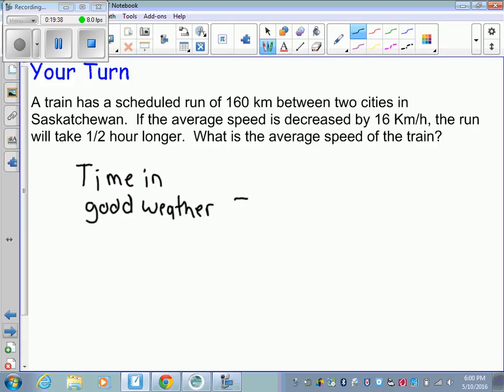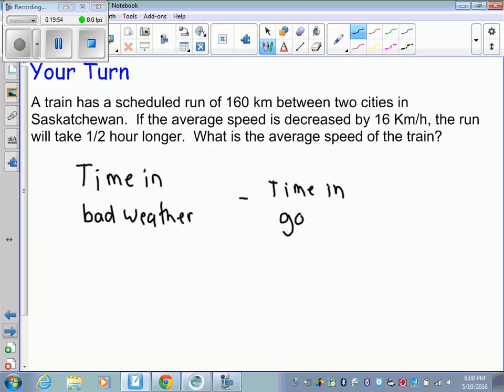Subtract, the other way around, time in bad weather, right? That's the slower one. Time in bad weather, subtract the time in good, is the half an hour longer.